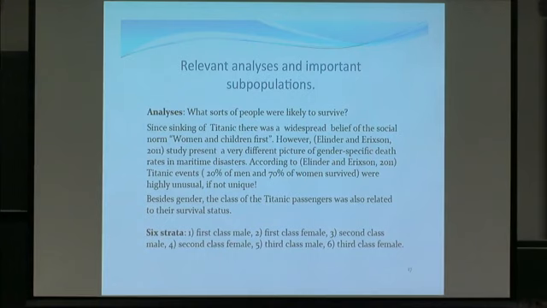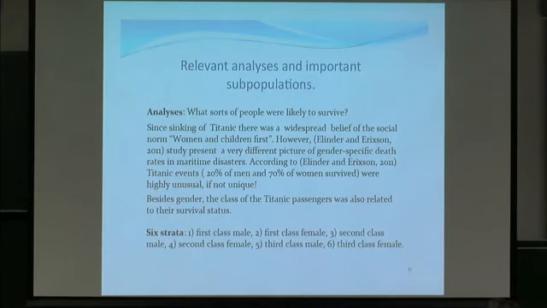And in fact, since this disaster, there was a very widespread belief that the social norm, women and children first, gives a survival advantage to women over men, and that the crew members actually give priority to the passengers.